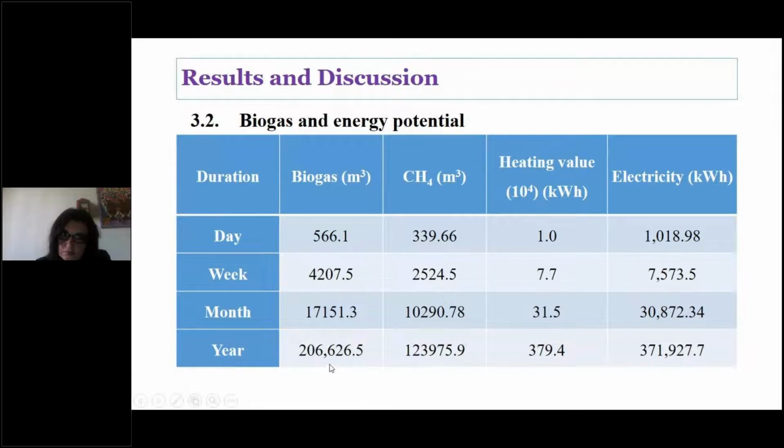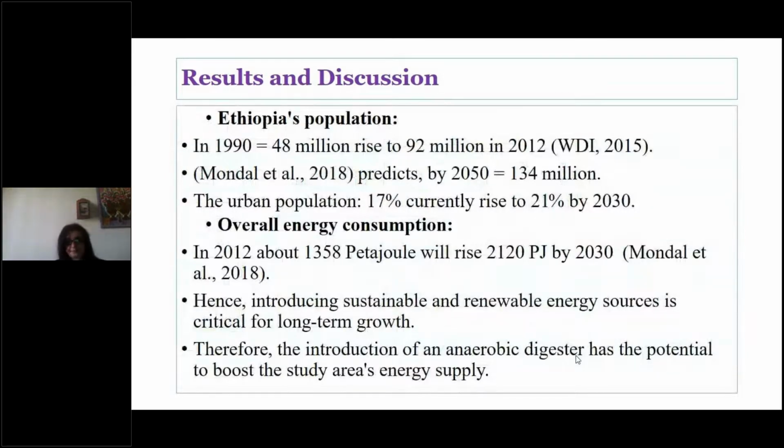Yearly, as you can see here, the site has a potential to generate more than 379.4 times 10 to the power of 4 kilowatt hour. If it is for electric power, more than 371,000 kilowatt hour could be generated from the study area.